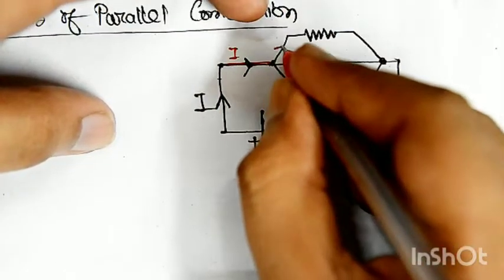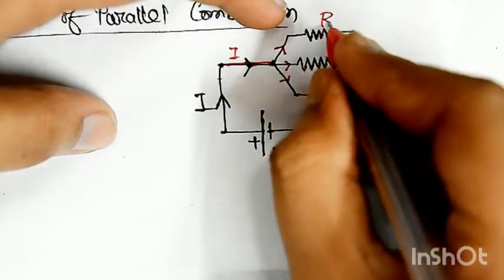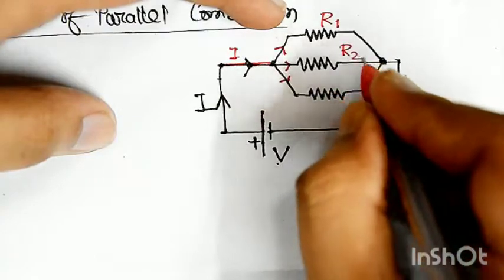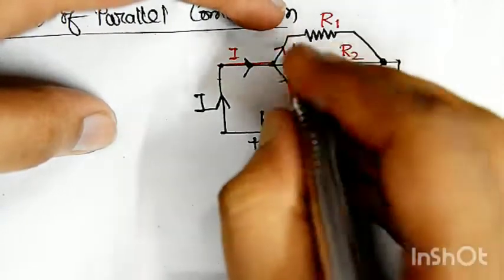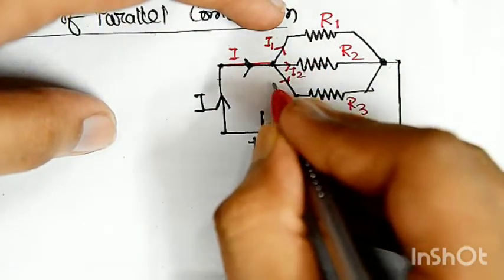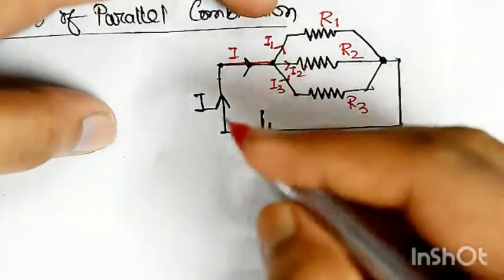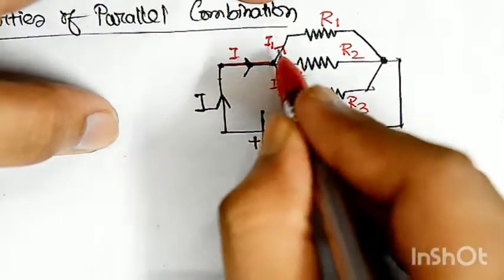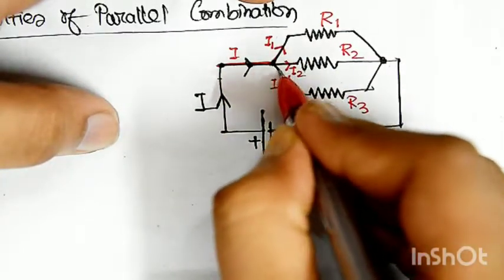The current flow is divided into three parts here. If these resistors are named R1, R2 and R3, and I name these channels 1, 2 and 3, the current basically divides into I1, I2 and I3. So the current I gets divided into three parts like this: I1, I2 and I3.